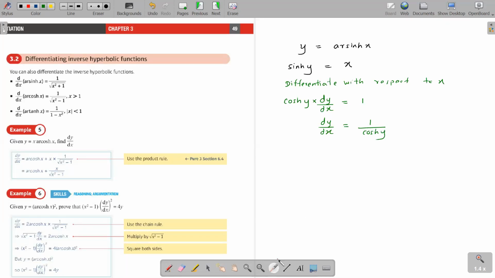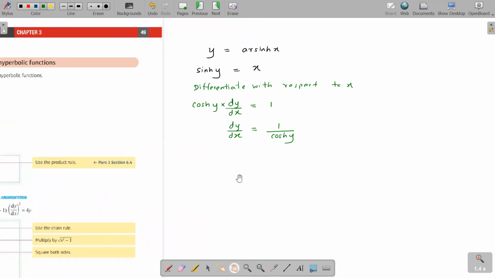But we need to show that dy by dx is 1 over root x square plus 1. So how do we get that? We know the rule: cosh square y minus sinh square y is equal to 1, right? And we know now sinh y is x. Can you see? Therefore, sinh square y will be x square.